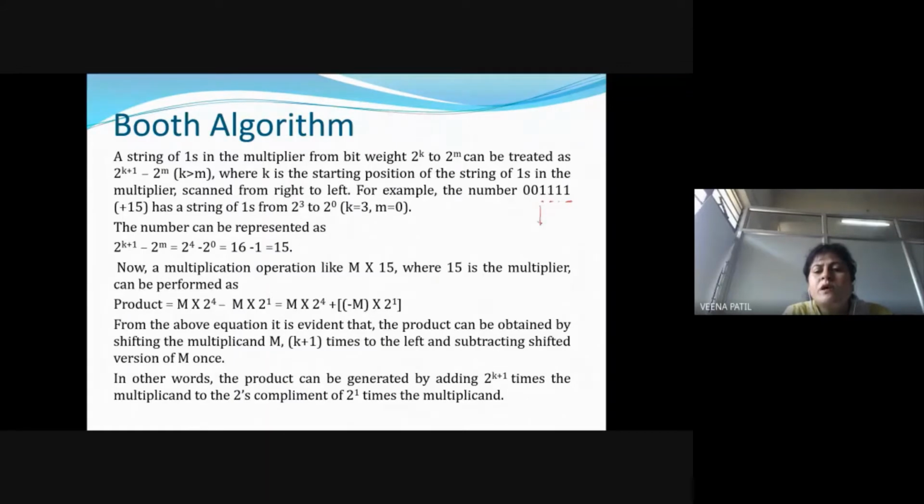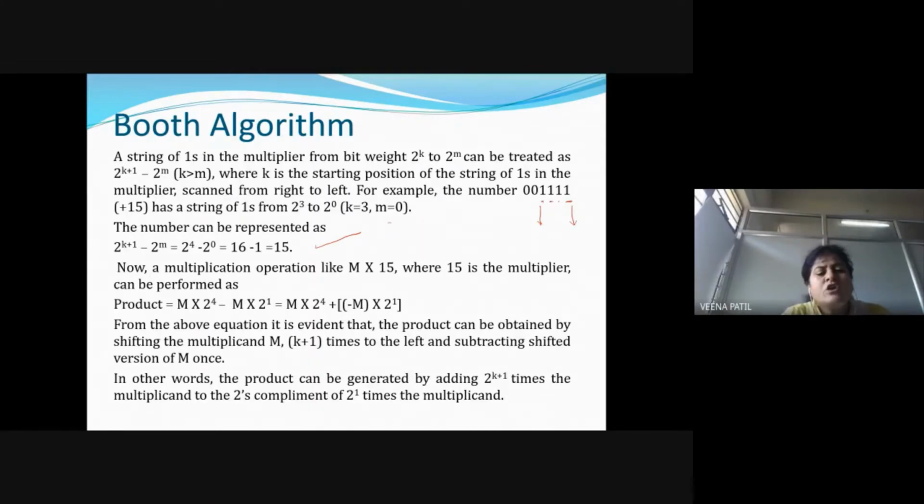Right from here to here, we have a string of ones. So here k becomes 3, m is 0. So the number can be represented as 2 raised to k plus 1 minus 2 raised to m, which is 2 raised to 4 minus 2 raised to 0, which is 16 minus 1, nothing but 15.